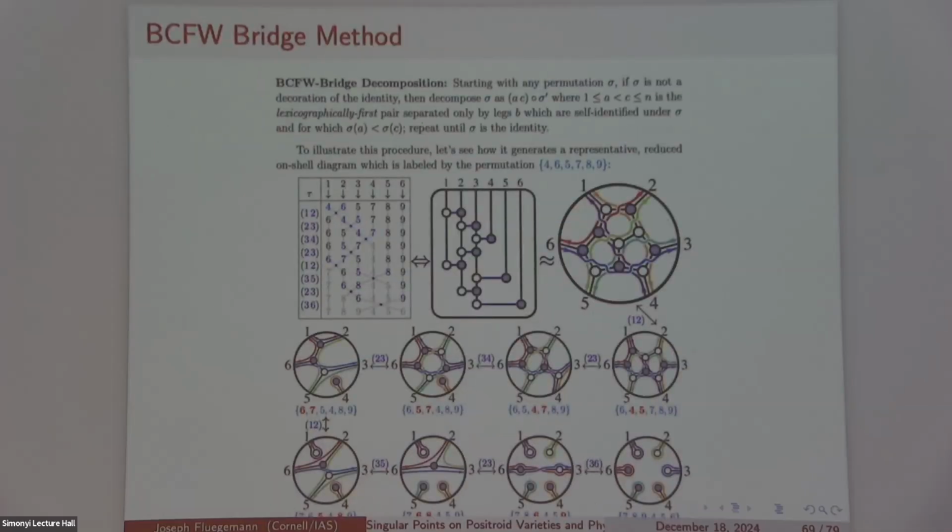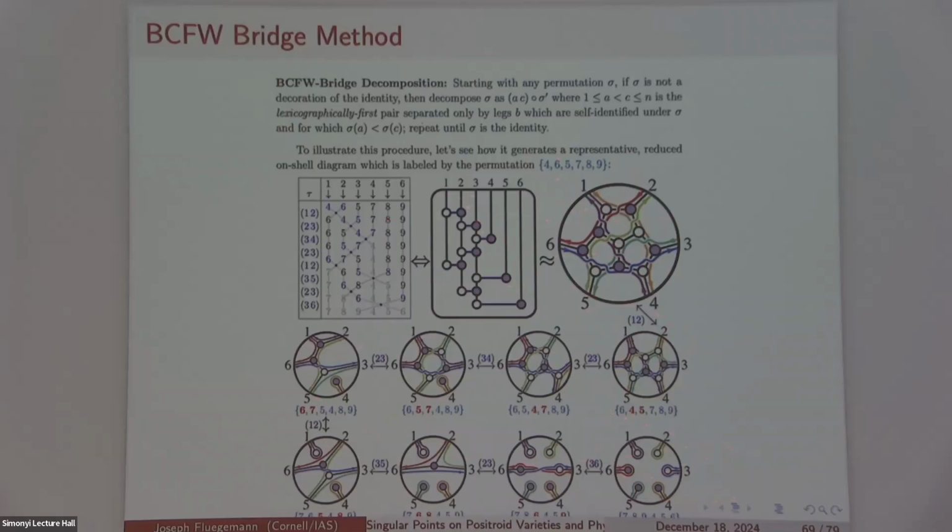So the way that they originally, this paper by Nima, Jake, and Postnikov, Gottschalk, got that C matrix that I showed you in that formula earlier was by taking a Positroid variety, here I guess it's 4, 6, 5, 7, 8, 9, and then breaking it down via the so-called BCFW bridges, and then building them up.